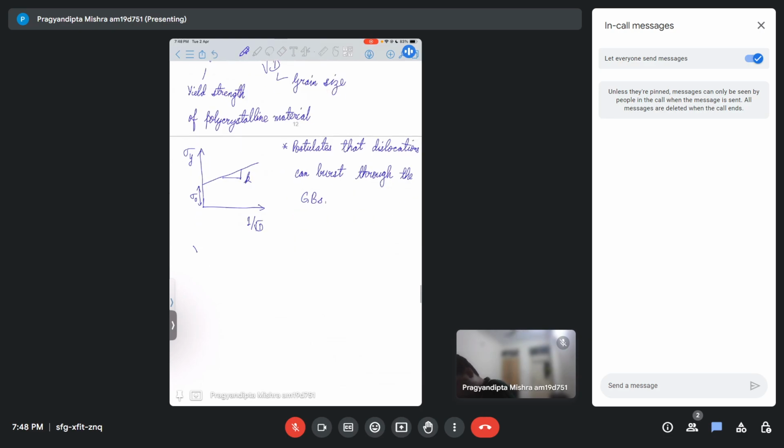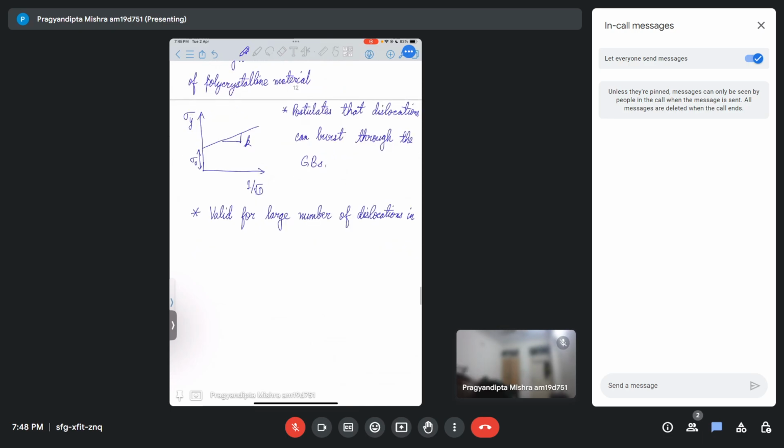Okay, and it is valid for large number of dislocations in the pile-up.